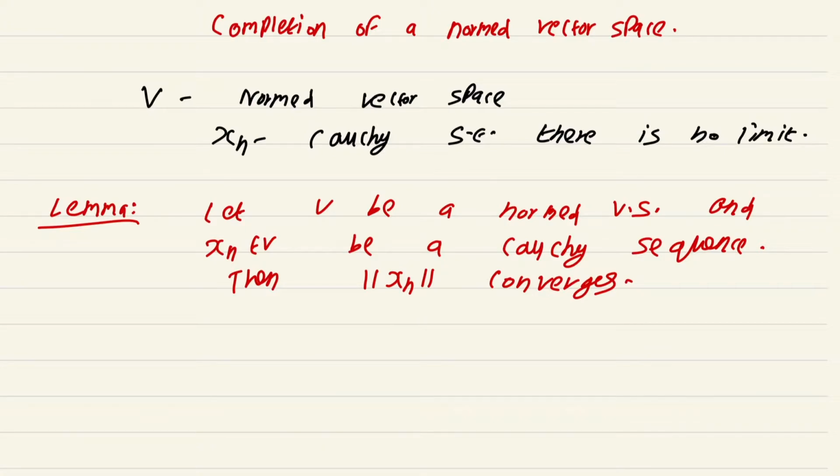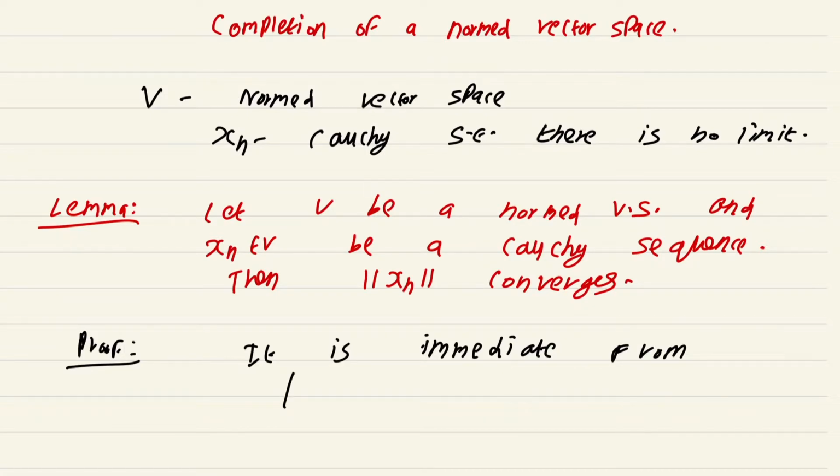Okay, so the proof of this is rather trivial. This proof immediately follows from the absolute value of norm xn minus norm xm being less than or equal to norm of xn minus xm.